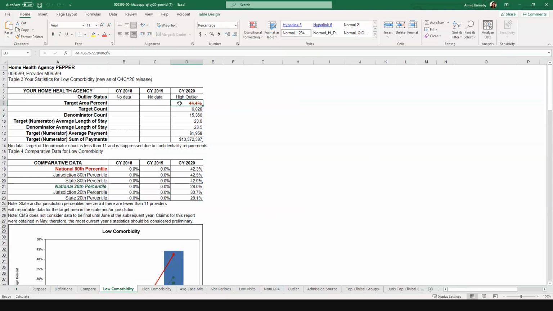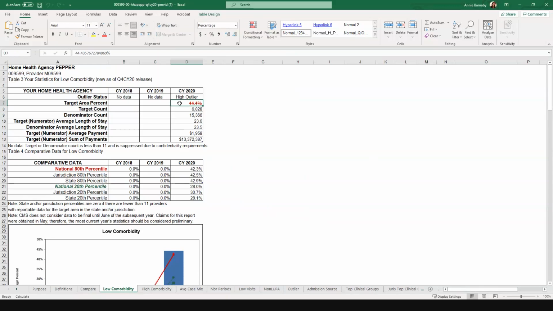So the target average length of stay, so the average length of stay for that numerator, and then the average length of stay for the denominator, those are also listed for your reference. And then the average payment and the sum of payments is listed again. So again, it really breaks everything down in a detailed fashion so that you can take a look at everything that is going into these calculations.